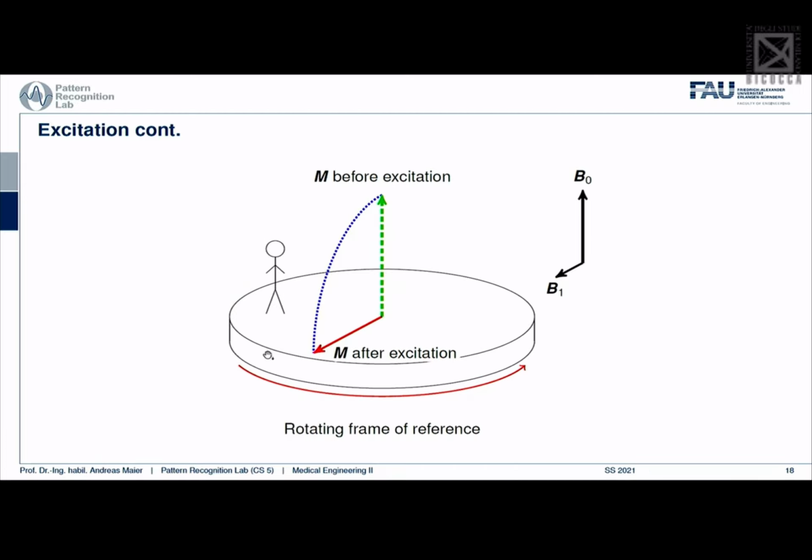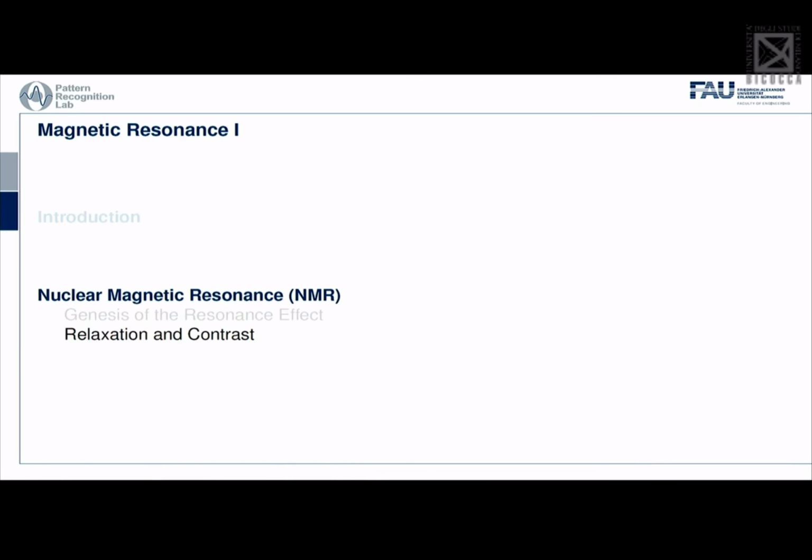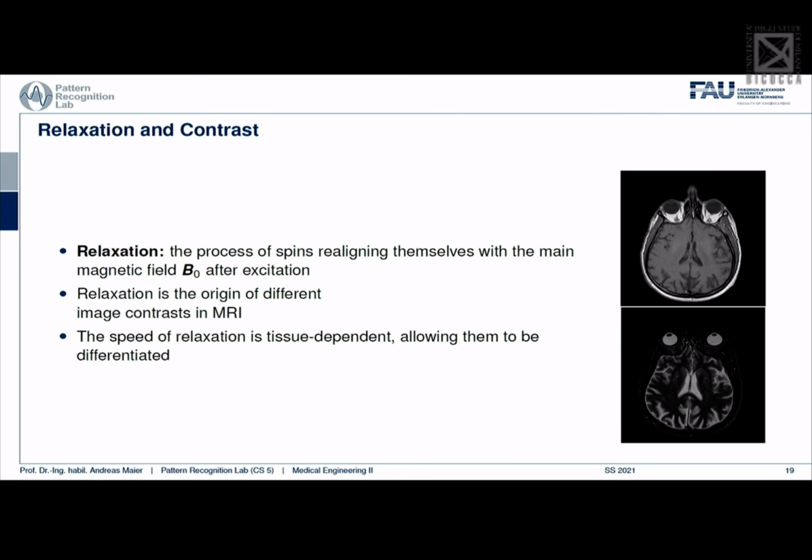Now, if you start moving together with the atoms, you will see it as standing static. I don't know if this simplification helps or not, but whatever. Now, what happens after you have flipped the net magnetization? It starts to go back to where it was before.